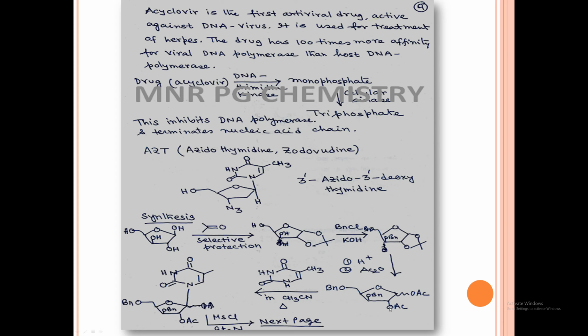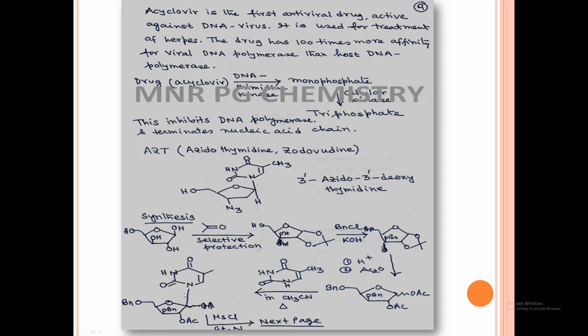Now when it is treated with the pyrimidine base type molecule, which is actually present in zidovudine, that molecule in the presence of acetonitrile under thermal condition, the OAc which is present at carbon number 1 undergoes nucleophilic substitution.